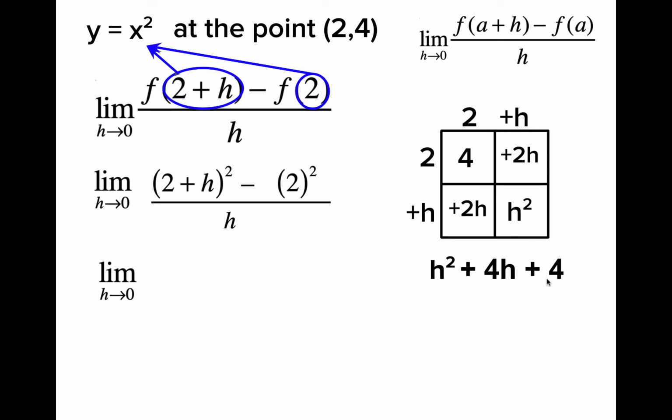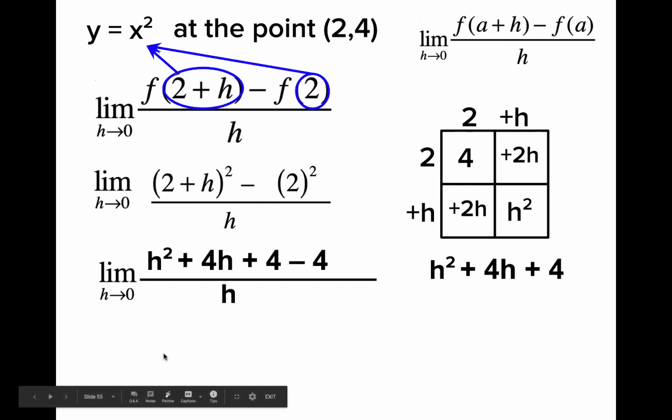So again, what am I doing? This is this (2 plus h) squared, so I'm going to plug this in for this part of the equation: h squared plus 4h plus 4. Then I have a minus 2 squared, which is 4. And again, this is all over h.